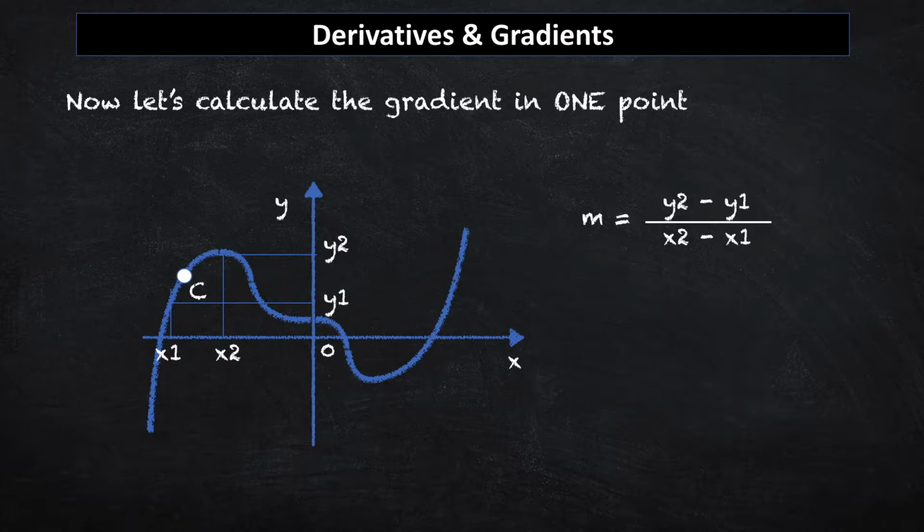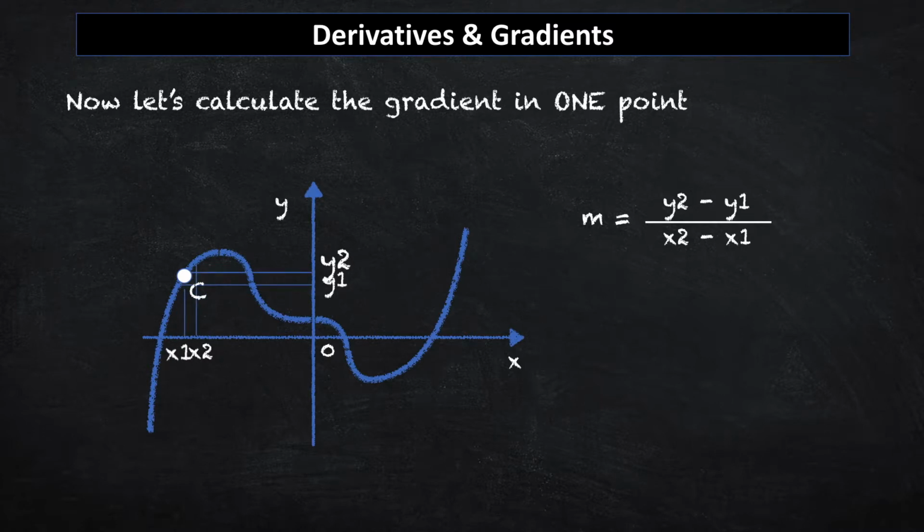So let's see how we can calculate the gradient in one point C of the curve. We can imagine considering 2 points, x1 and x2, that are very close to C, so that the gradient in that very small range of x values is very similar to the gradient in C. So let's do this mental experiment of taking values of x1 and x2 that are very close to xc.